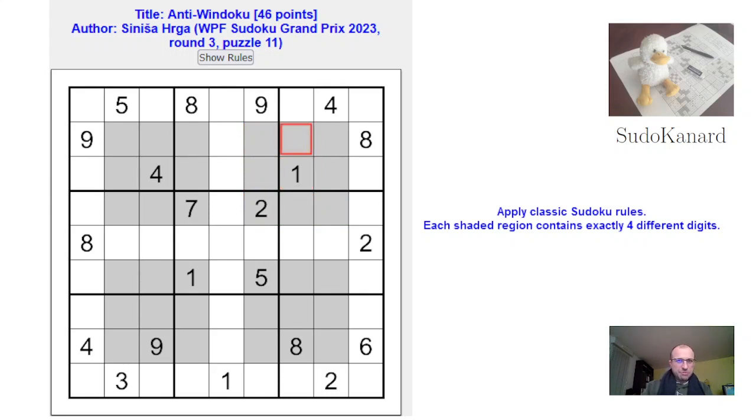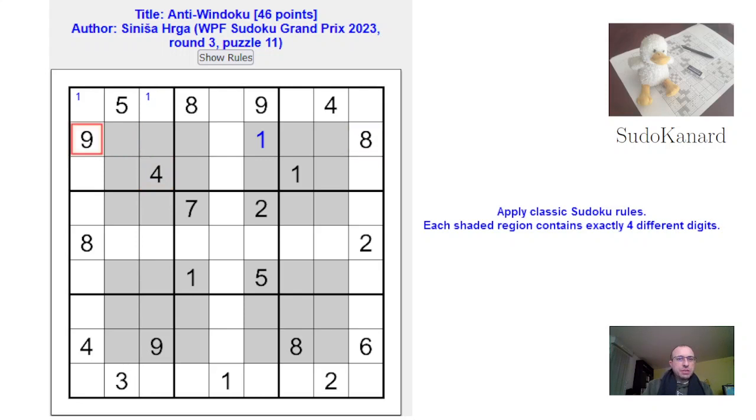So this is a quite weird variant, and it must absolutely not be confused with Windoku, which has a very different rule, but it's a fun variant, I think. So I'm seeing those ones and this one, so right from the get-go we get this digit, and with that we can see that there is a 1 somewhere up there.